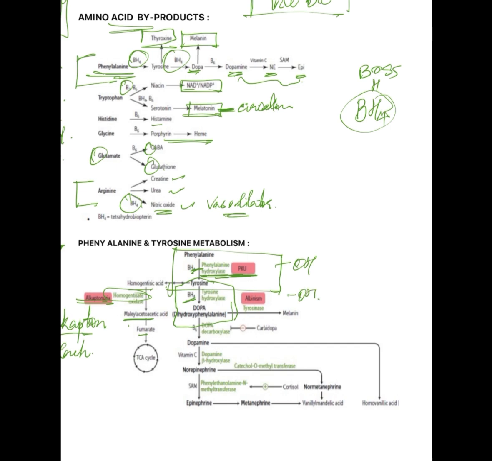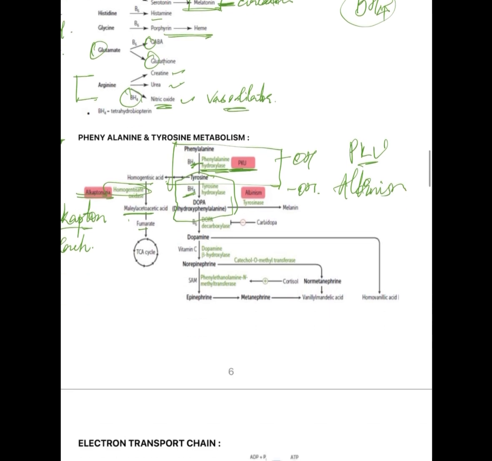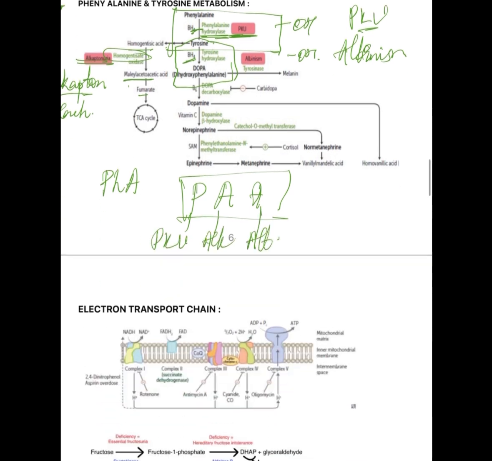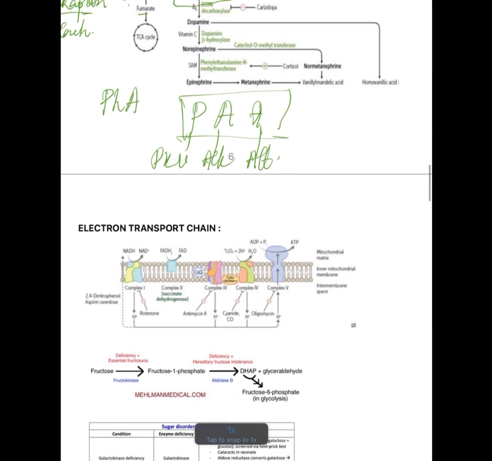If the enzyme for adding an OH group is deficient in these two pathways, then there is phenylketonuria in the first step and albinism in the second step. So we have three important diseases associated with phenylalanine. What are these three? Your PAR disorders. So we have phenylketonuria, alkaptonuria and albinism. I hope you'll never forget this important cycle too.